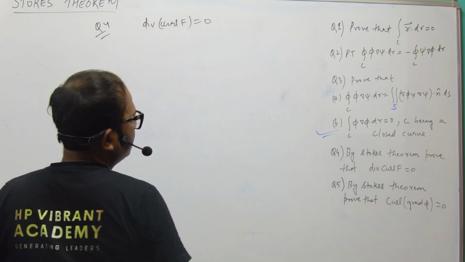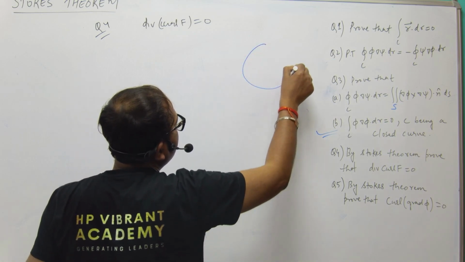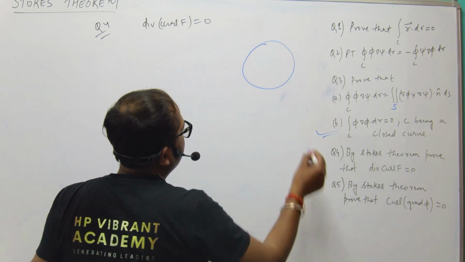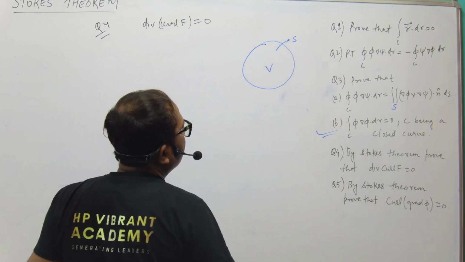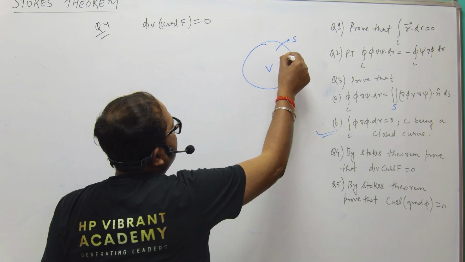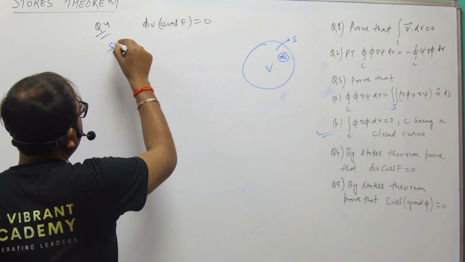Let us solve this. Let us take a volume V that is enclosed by a surface S. Let us take an elemental surface dS here. So let us write down the solution.